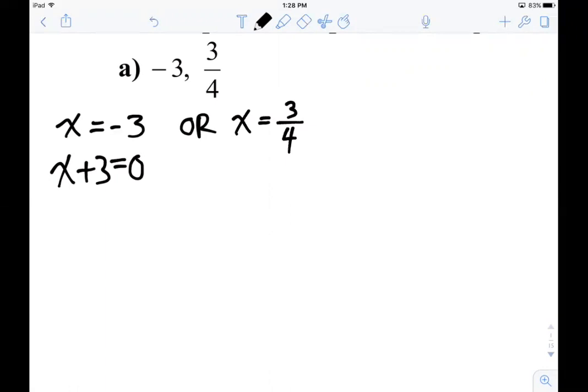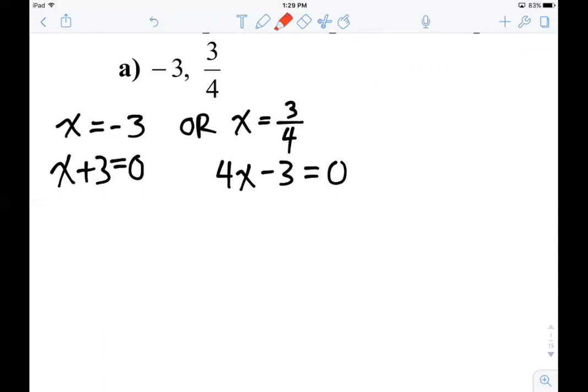So if 3/4 is equal to x, then I could multiply both sides by 4, which would give me 4x equals 3, but then I could also subtract 3 from both sides. So 4x minus 3 equals 0. And if you're a little unsure if you found the correct pieces here, work backwards and try and solve them all over again.